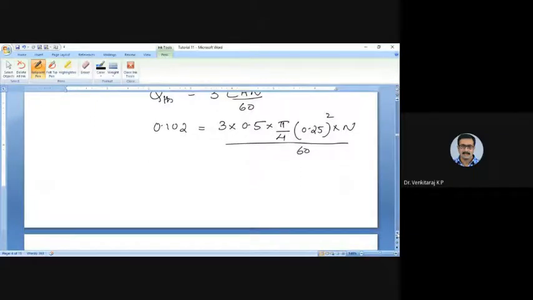So the speed of the pump we get as N equal to 83.15.